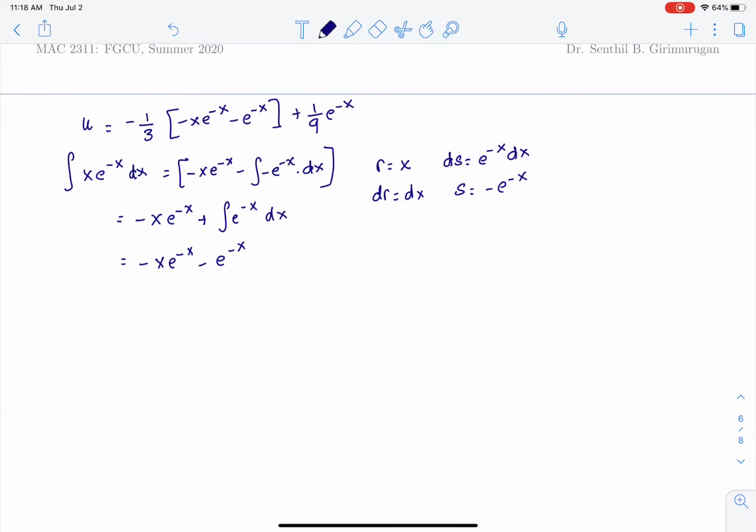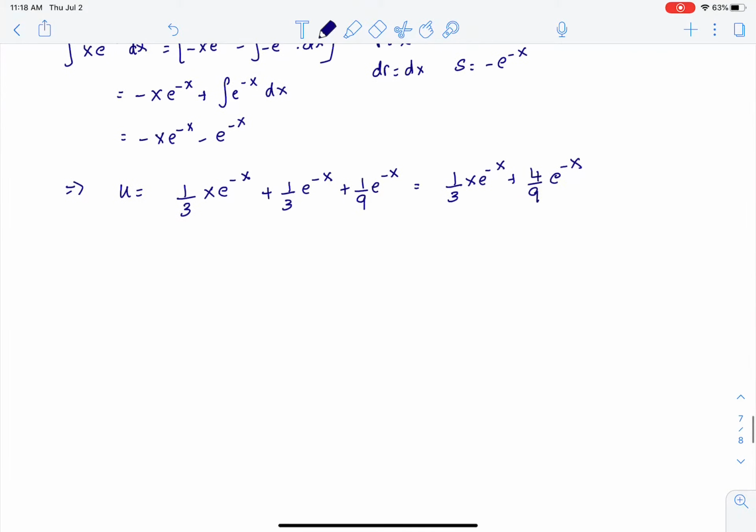So by simplification, we would have u as 1 over 3 x e raised negative x plus 1 over 3 e raised negative x plus 1 over 9 e raised negative x. Combine the last two terms, we would have 4 over 9 e raised negative x. But recall, y2 is u times y1.